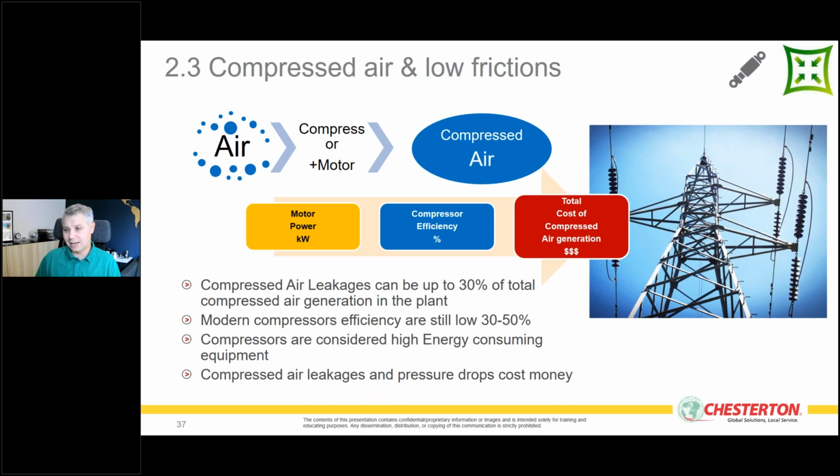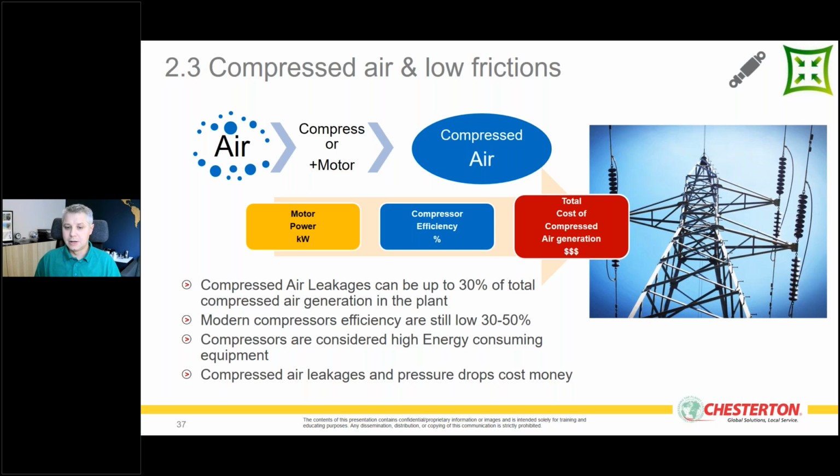So this is one thing. Another thing, if we take into consideration that up to 30% of air which is used in the systems is used for the leakages, just to recover the lost air from leakages. It means that providing compressed air to fulfill these leakages, we are using a lot of energy.